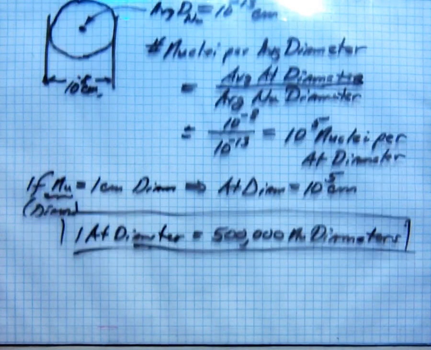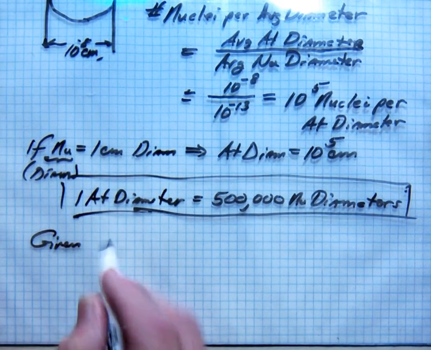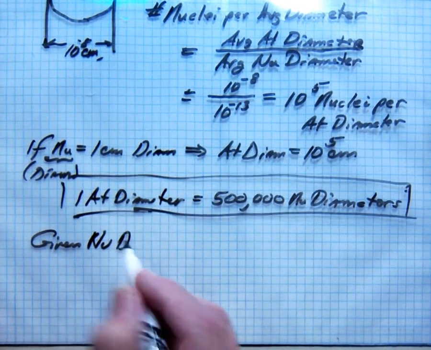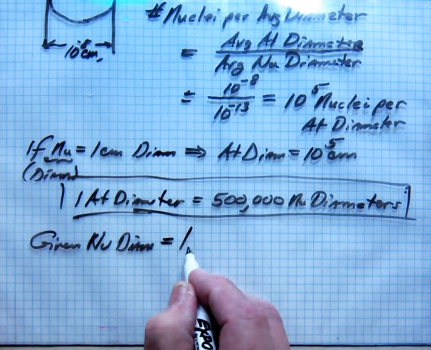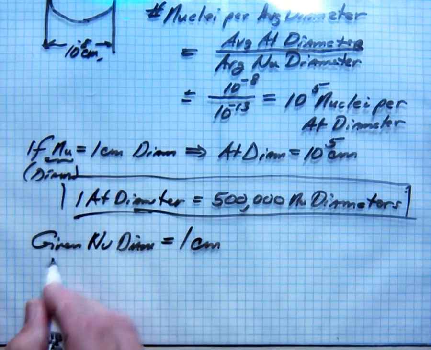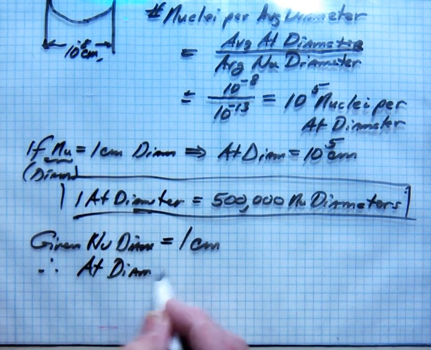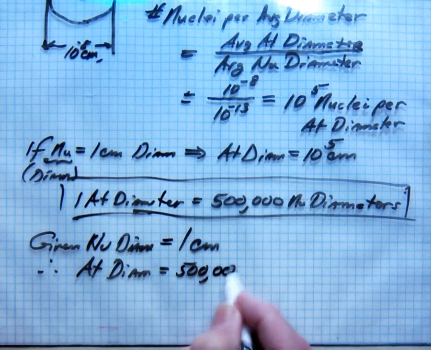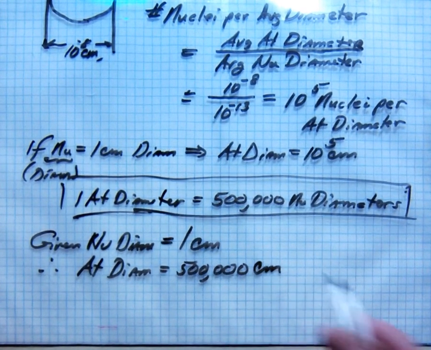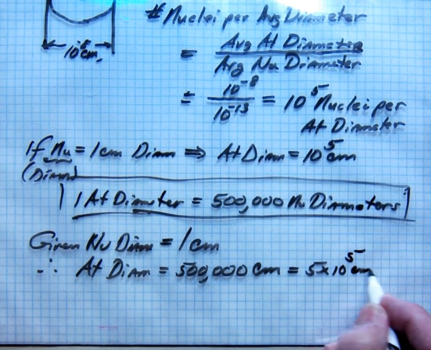So for our problem, we're given nuclear diameter to equal 1 centimeter. Therefore, atomic diameter is equal to 100,000 centimeters, or 10 to the 5th centimeters.